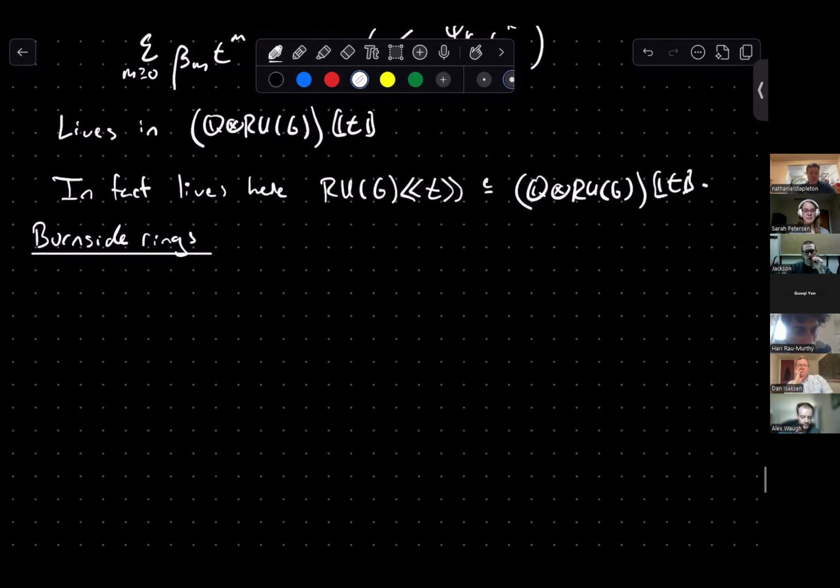What is a Burnside ring? So G is still a finite group.